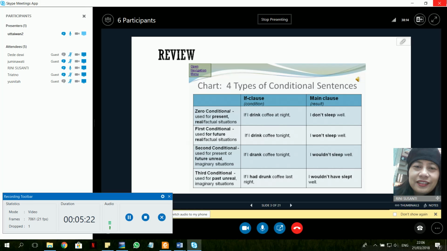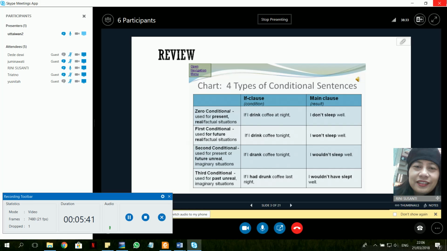Nah, there are four types of conditional sentences. Zero conditional. What does it mean, zero conditional? It means that it's used for expressing something in the present, the real or factual situation.